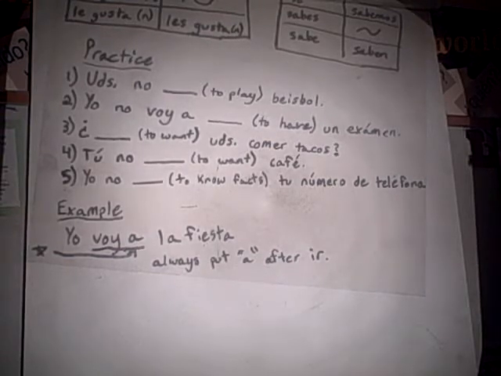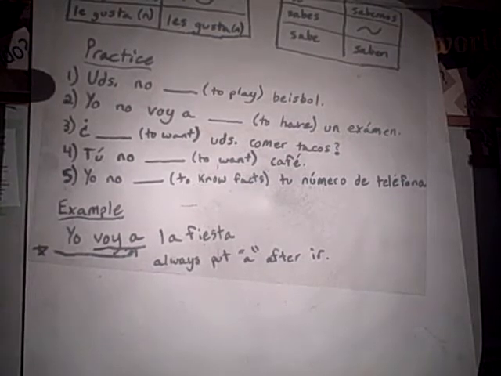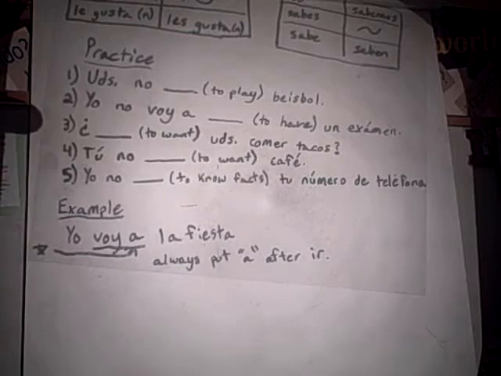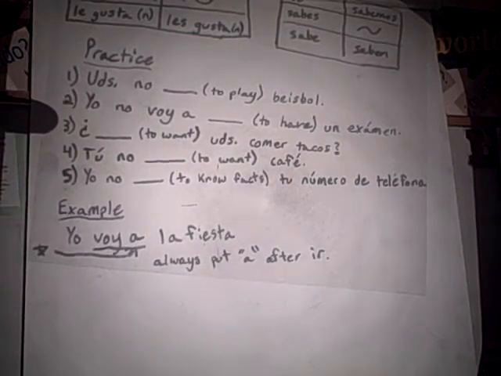Okay. So in the practice, can anyone tell me what goes in the blank for number 1? Yes. And make sure that there's a ue change. And then in number 2, yes. And then 3. Yeah, number 2's to have, right? Mm-hmm.